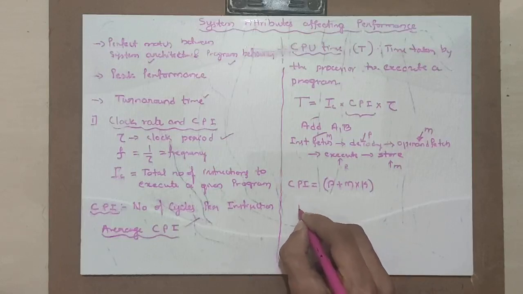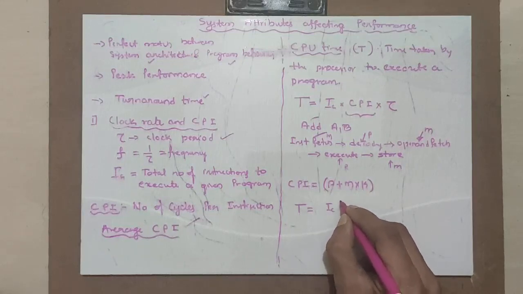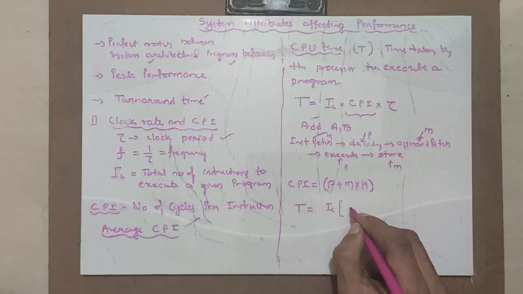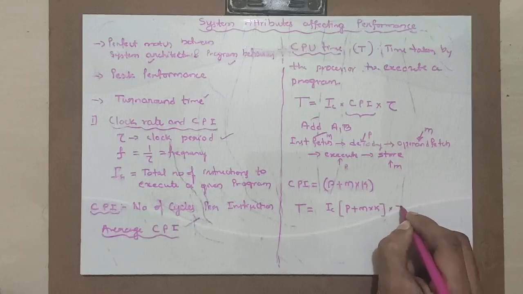Hence if I substitute this, the total CPU time is given by total number of instructions multiplied by cycles per instruction, but cycles per instruction depends upon processor plus memory, into tau.